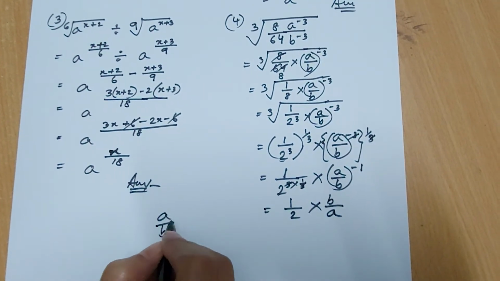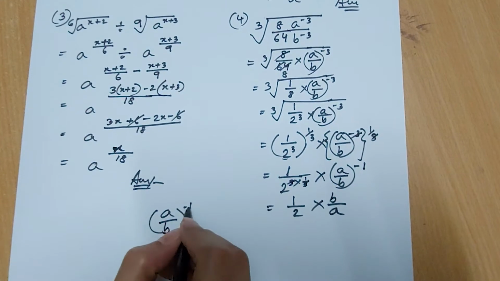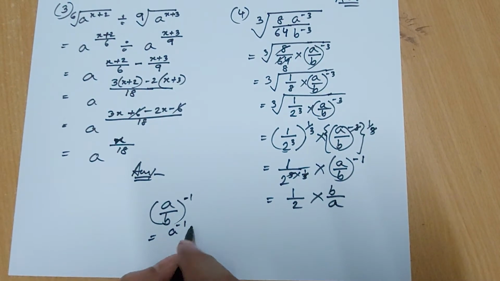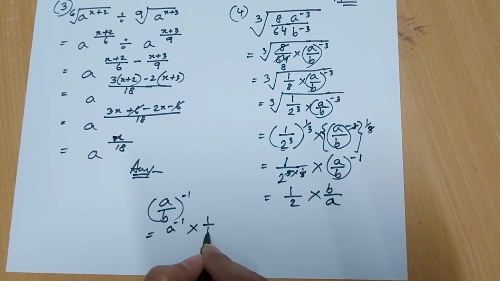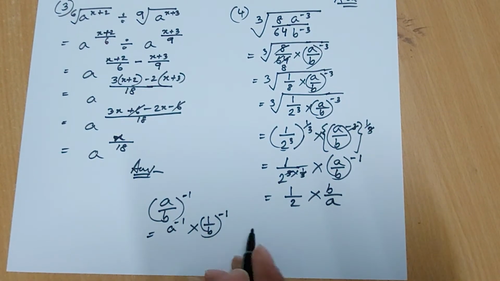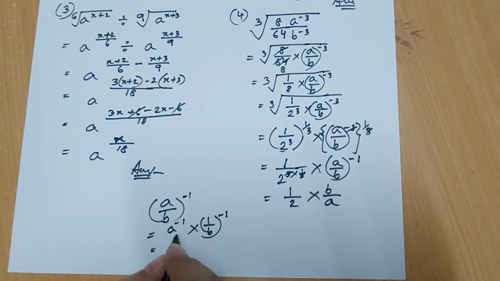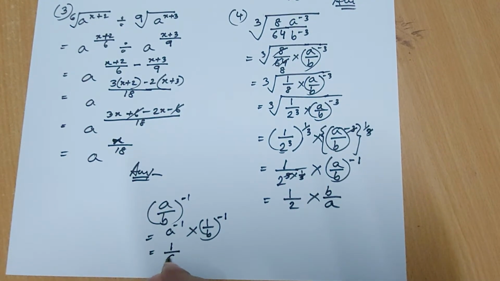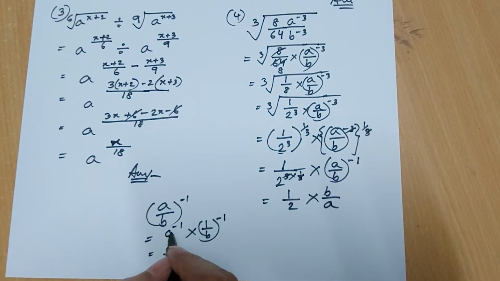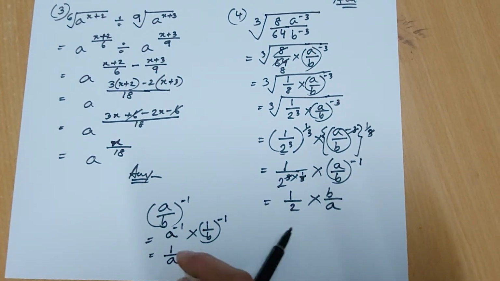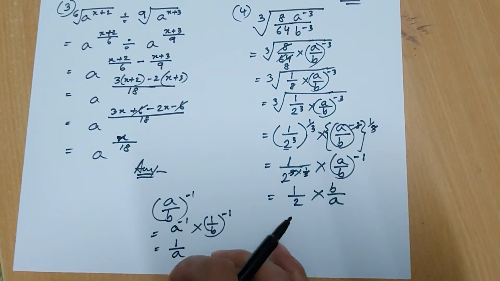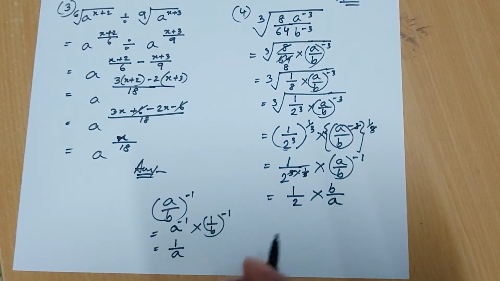A by b, -1. a is having -1 into 1 by b is having -1. So a power -1, that is 1 by a, because you know if the base has a negative power, it will become the denominator with the positive power.